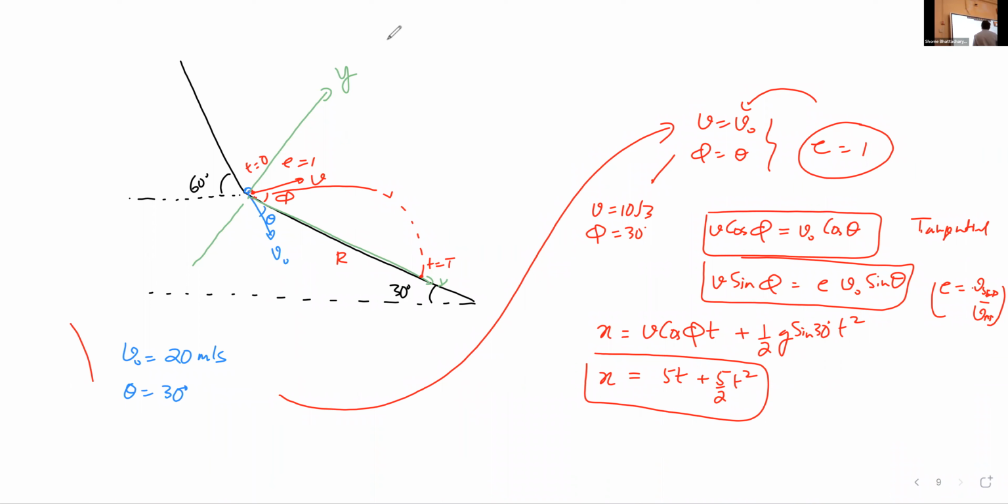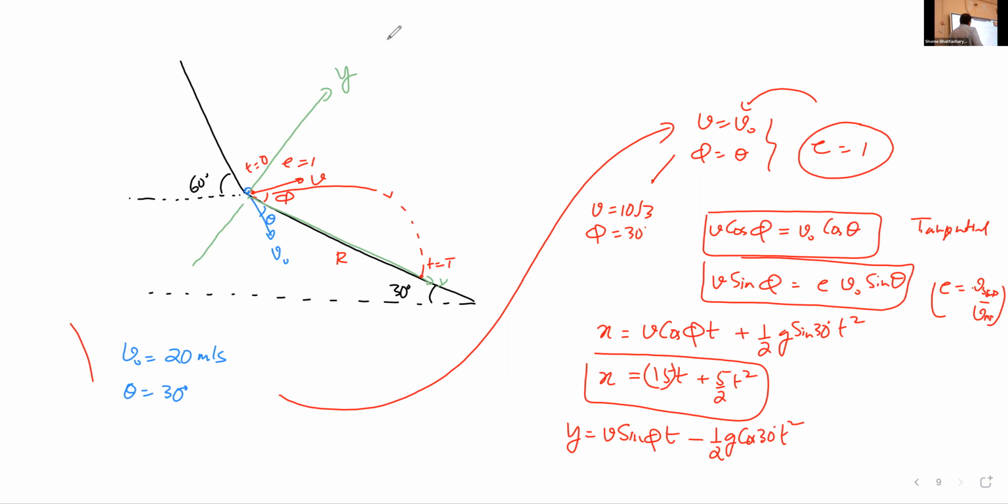Similarly, y as a function of time will become v sin phi, which is 15t, minus half g cos 30 t squared.